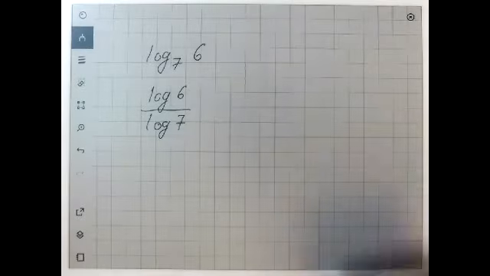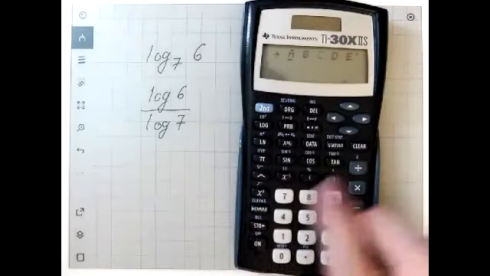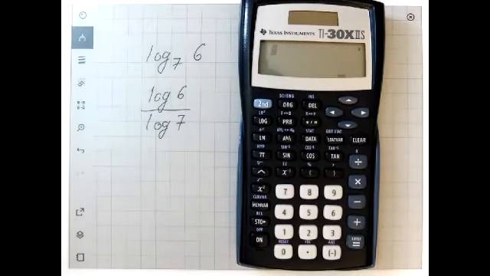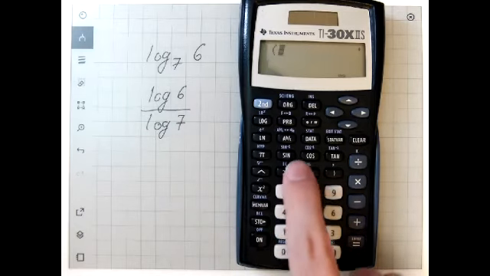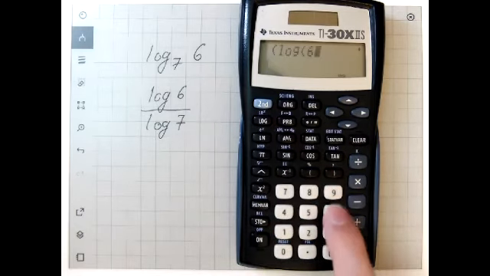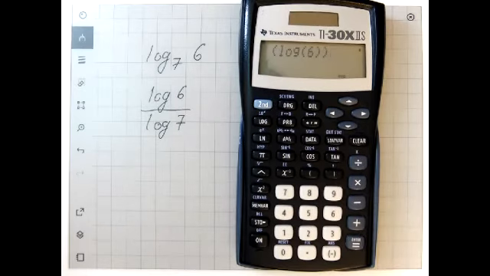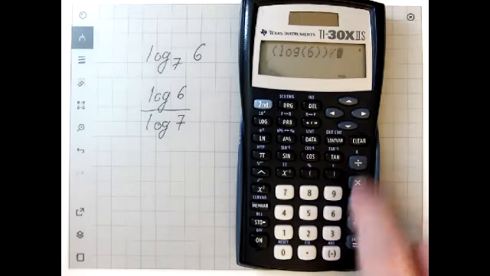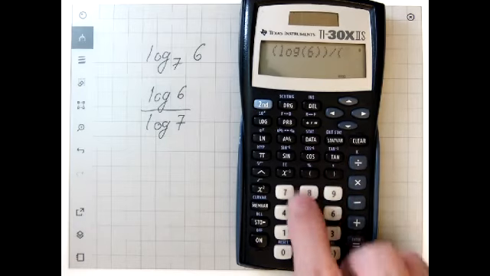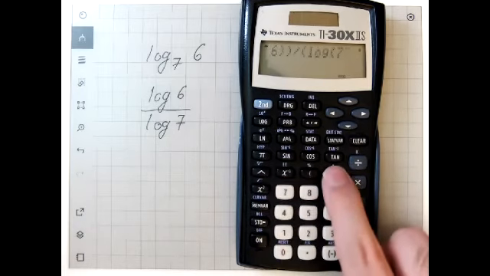Then I can grab my calculator and it can do the work for me. I can take the log of 6, close parentheses there, close parentheses to make sure it's really taking the log first, and then divide by the log of 7.